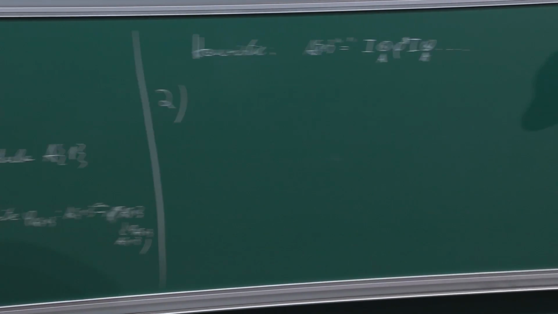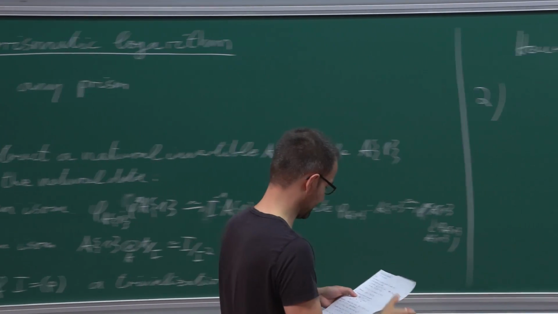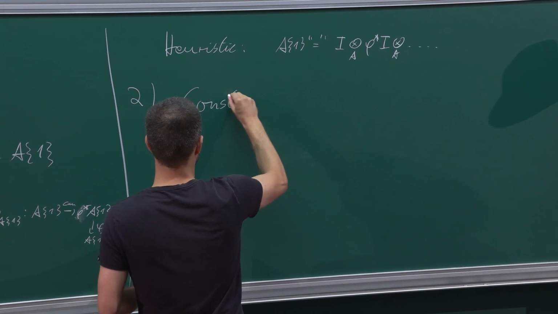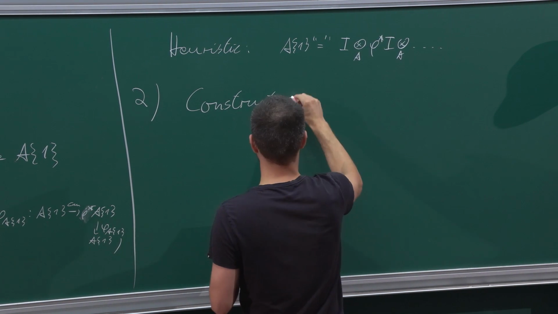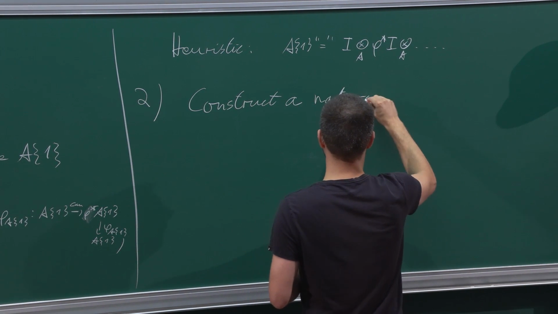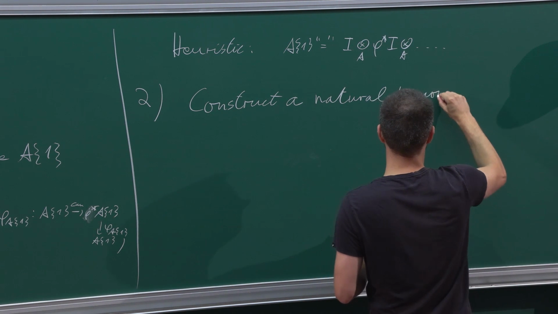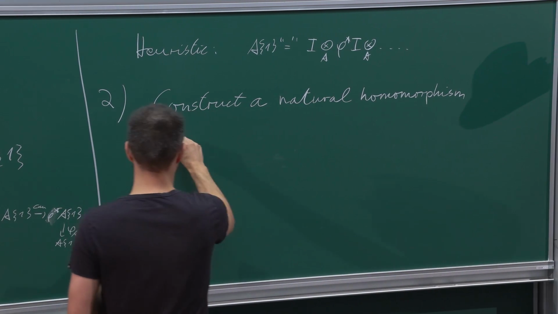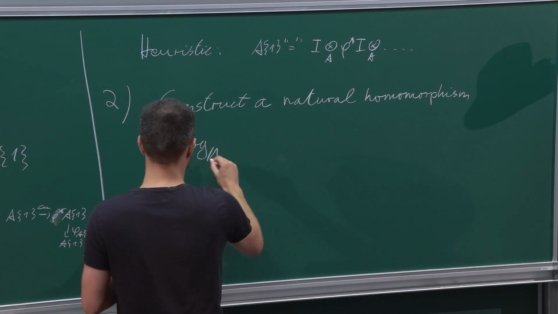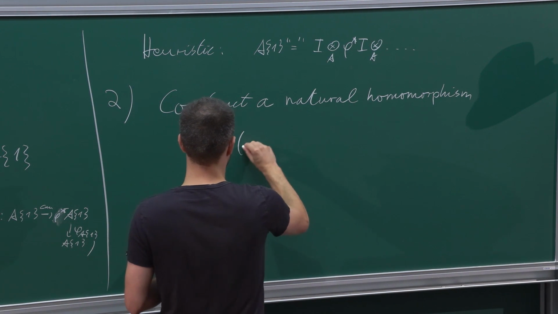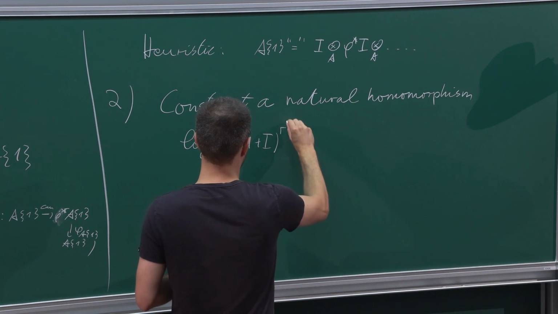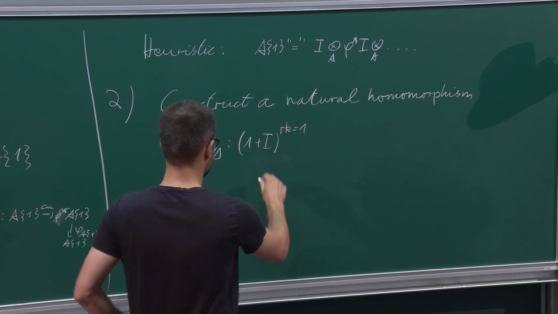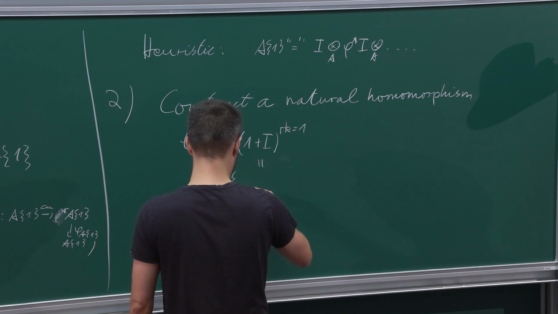Okay, and given the Breuil-Kisin twist, one can then pass to the prismatic logarithm. And so the second aim will be to construct a natural homomorphism from the rank 1 elements in 1 plus I. So what are these?